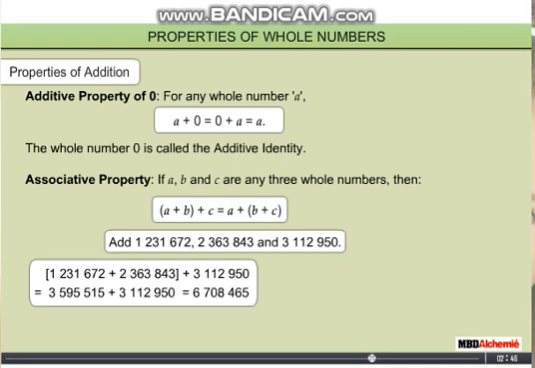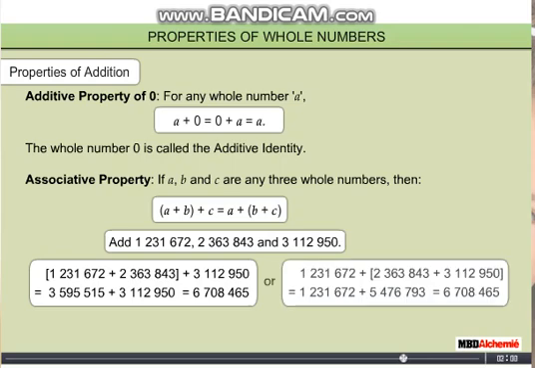Or we can first add 2,363,843 and 3,112,950, and then add 1,231,672. We get the same sum in both the cases.